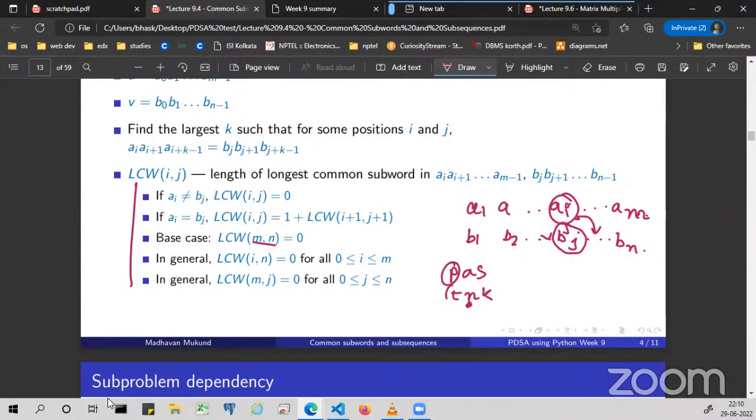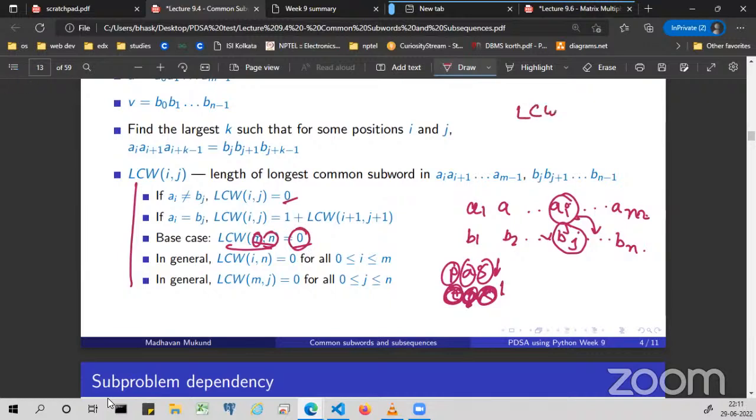If I run all of them, P with TNK, then A with TNK, then S with TNK, I do not get any match. So I have reached the end of both the strings. That is essentially your LCW of mn. Once you have reached the end, there is nothing common, and that's why the length is 0. This is the length, the value which we are storing.